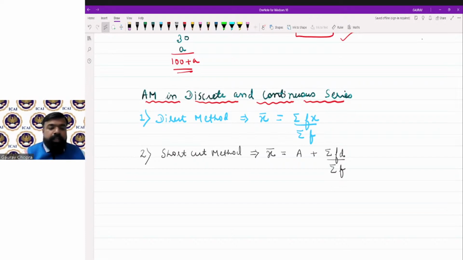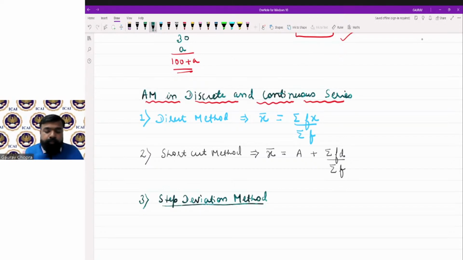And there is one more formula, but that formula is applicable for continuous series. So we can write step deviation method, only for continuous series.